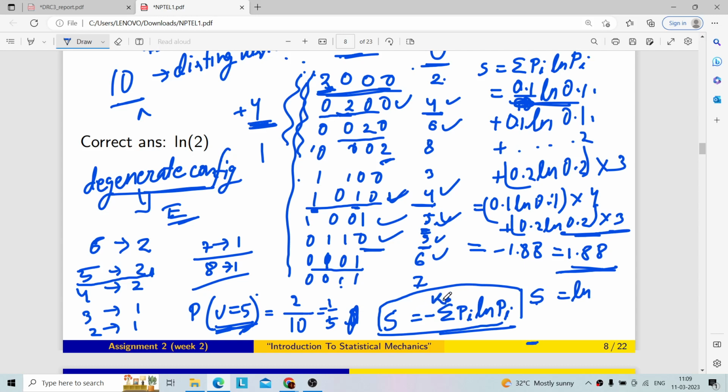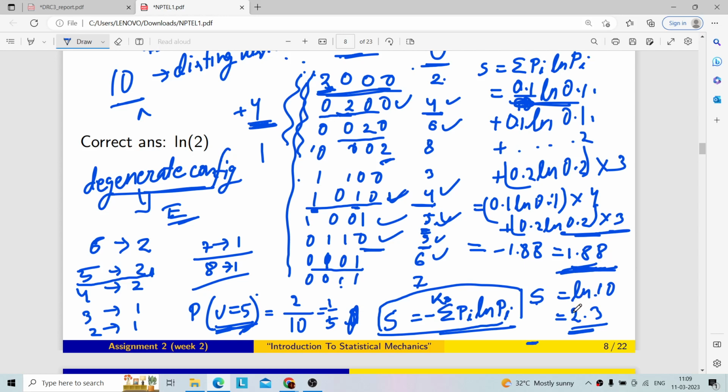It will be the ln of the total number of microstates. How many microstates do I have? This is 6 and 4, 10. What is this value? It is 2.3. So I am getting 2.3 here and 1.88 from the other formula.